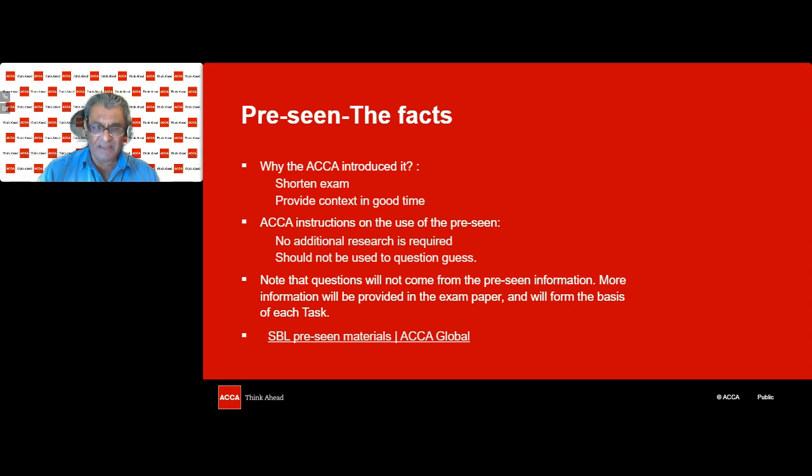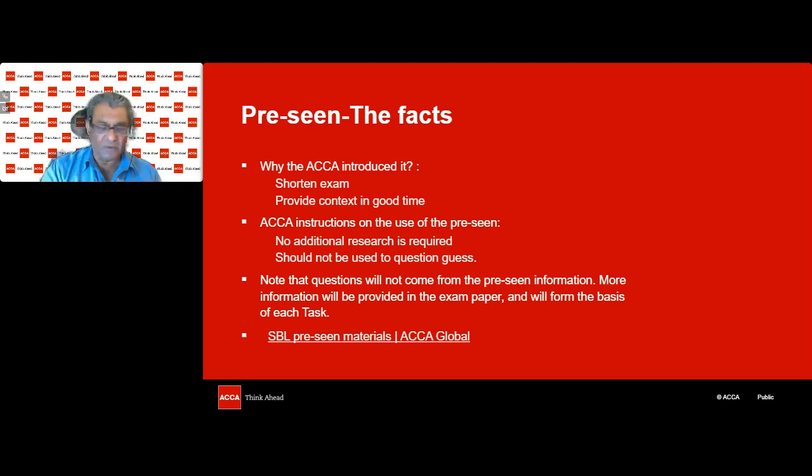The aim of the pre-seen, and I repeat, please remember, is to give you a context of the organization so that when you create your recommendations in the examination, there is a match between the recommendation and the context.